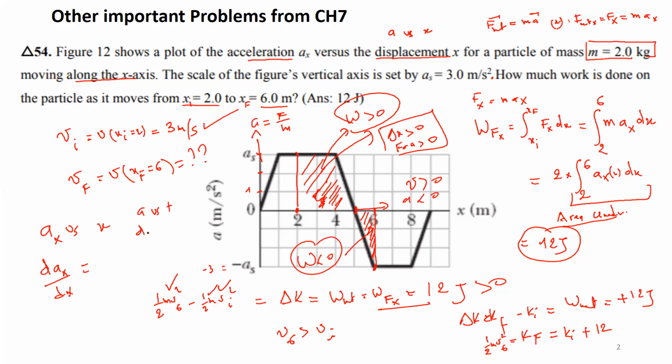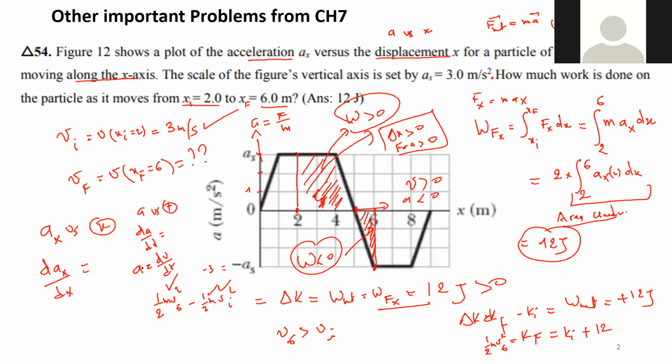And I told you the derivative of acceleration versus time is called a jerk. That's not in Physics 101. And acceleration is the slope of the velocity-time curve. But here I don't have time, I have x. So that's a very good question.